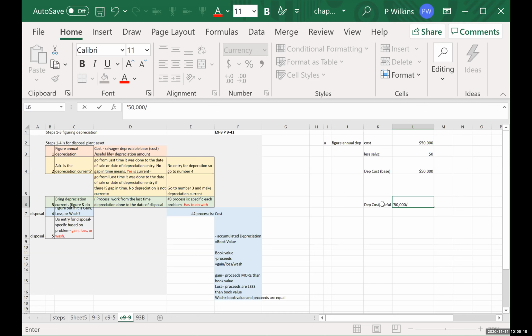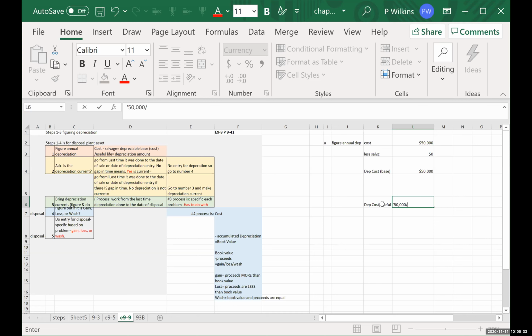They did not give us any useful life in any of these problems. None of them. So you know what that means? If they don't give you the useful life, you cannot figure out the annual depreciation.